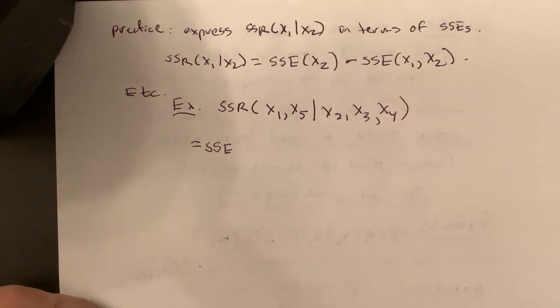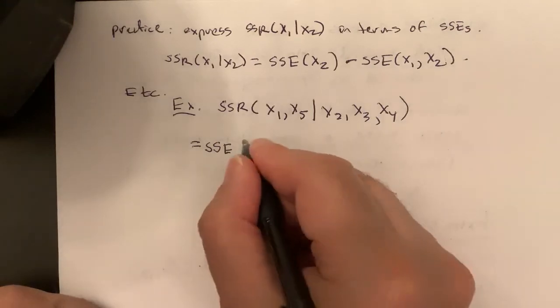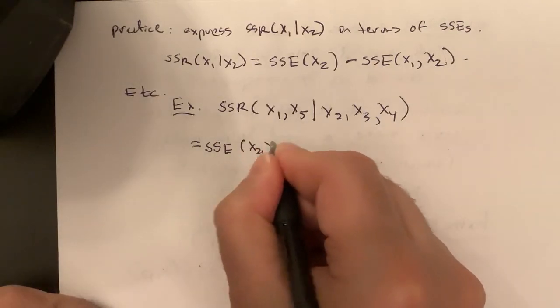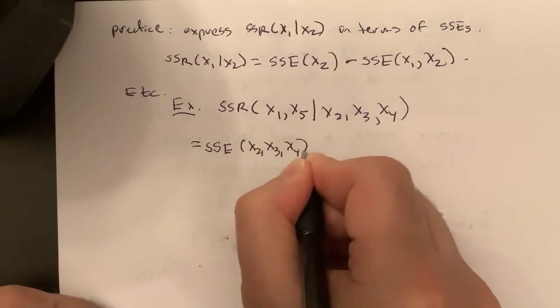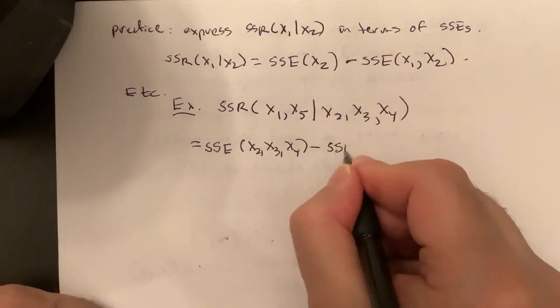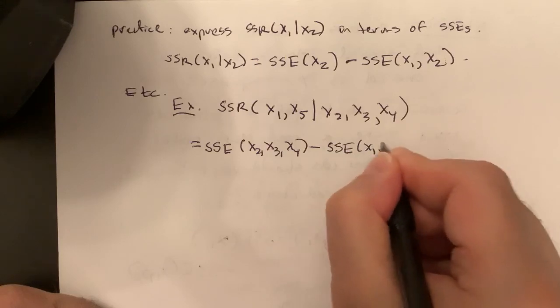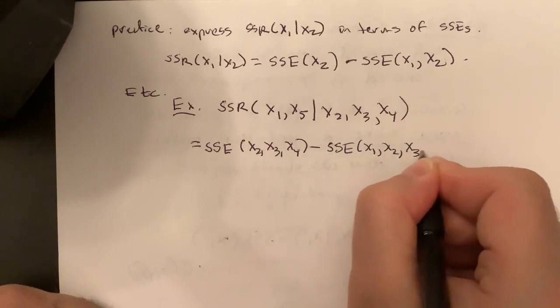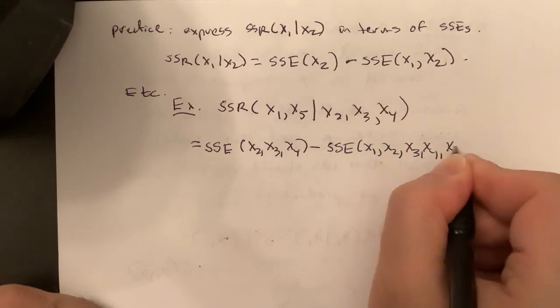SSE, the bigger one, okay, x2, x3, x4 are always in the model. So I'm going to write this SSE x2, x3, x4 minus, now I've added the other two, so now I have all of them, SSE x1, x2, x3, x4, x5.